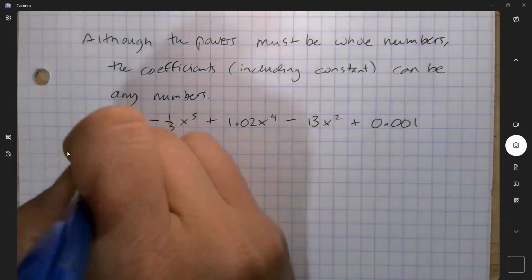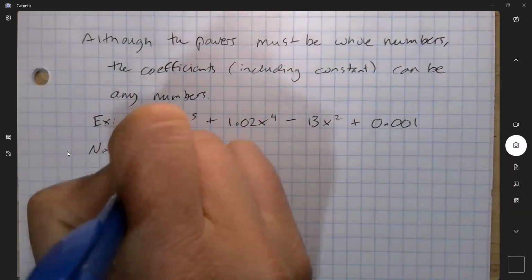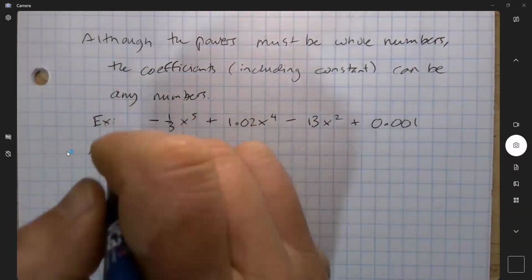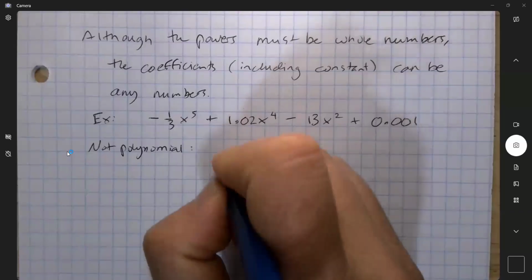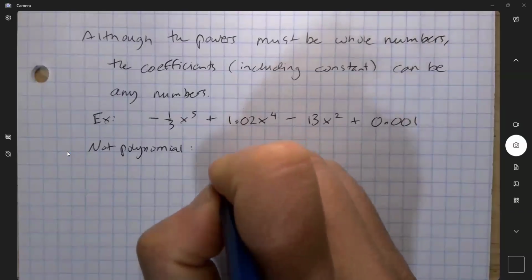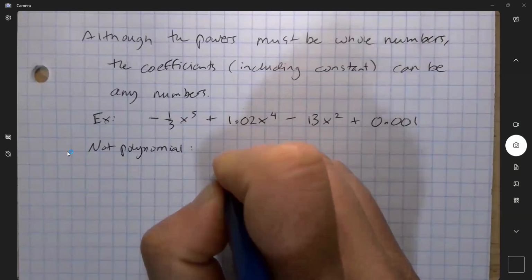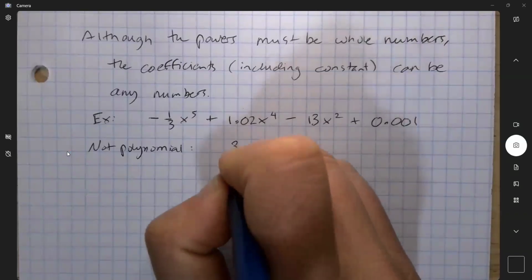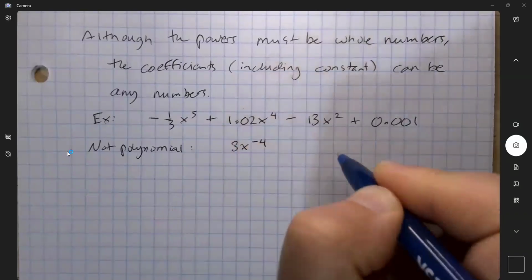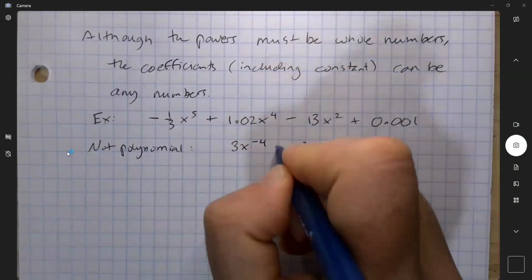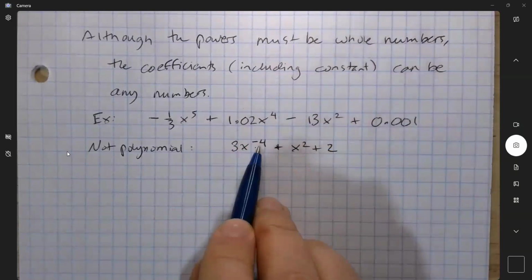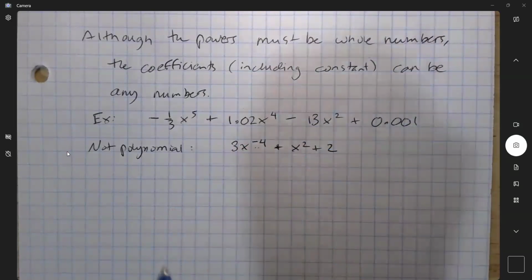So a not polynomial would be breaking one of our rules for our polynomial powers. And those are basically, if I have something that's a negative power, like 3x to the minus 4 plus x squared plus 2, as soon as I have one term that's not a whole number, it's no longer a polynomial.